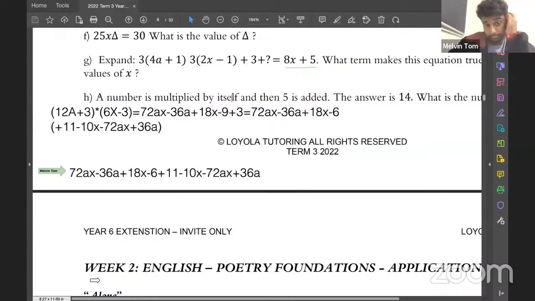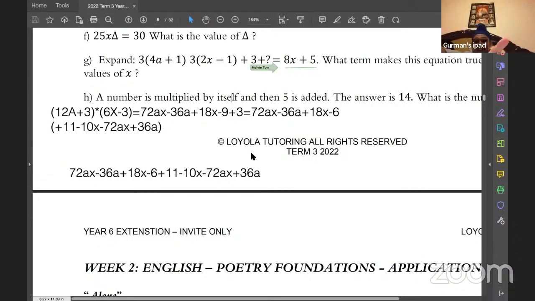Send it in the chat. What the heck? Language. What did I say? Even saying what the heck is a crime now? It's a $5 fine every time you say it.